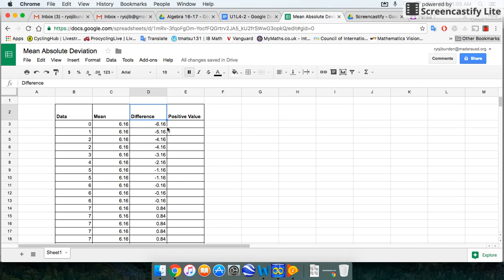But when we're dealing with mean absolute deviation, we only want to know the positive value of the difference. So this is going to be positive all the way down. I'm just taking the absolute value of all of these numbers.